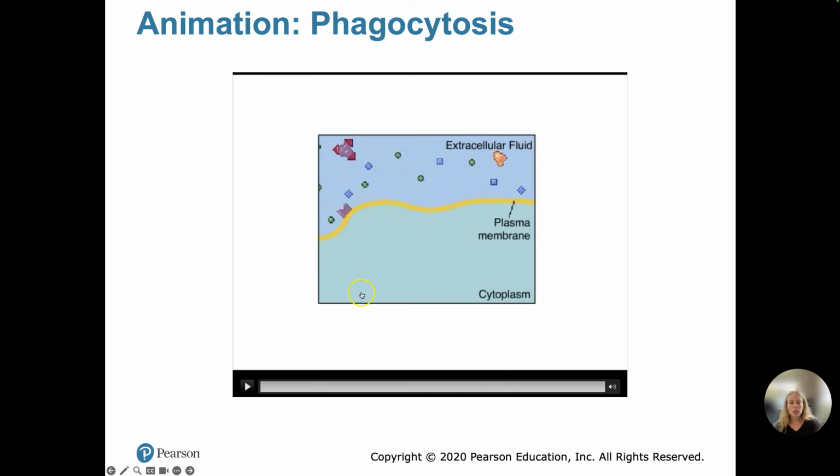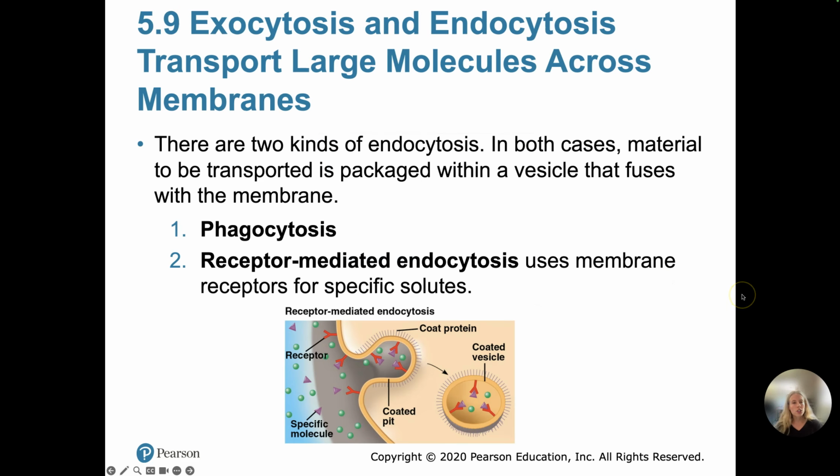So a lot of the cell types she mentioned in this video are cell types that are related to our immune system. So they're how we combat foreign pathogens that are within our body, such as bacteria and viruses. The other type of endocytosis is receptor-mediated endocytosis. Receptor-mediated endocytosis uses membrane receptors for specific solutes.